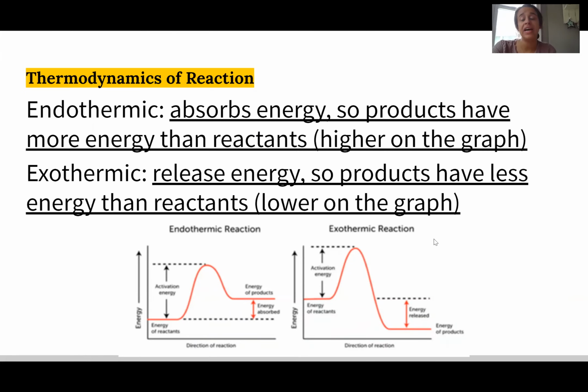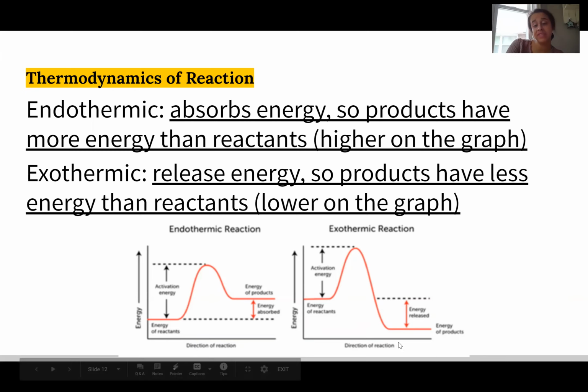An exothermic reaction, on the other hand, releases energy, so exiting, exothermic. Our products are going to have less energy than the reactants. As you see on this graph here on the right, the energy is less for the products than the reactants.